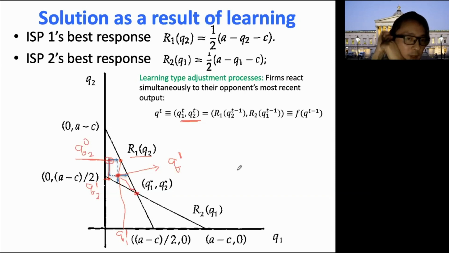So that's one justification or interpretation of Nash equilibrium: if they look at the opponent's action and do the best response, eventually, in some cases, it will come to the equilibrium and nobody wants to deviate from it. This learning type of adjustment process, we will formally introduce. It gives a taste of learning, because they observe the data and, based on the opponent's behavior, I make changes and eventually become stable.